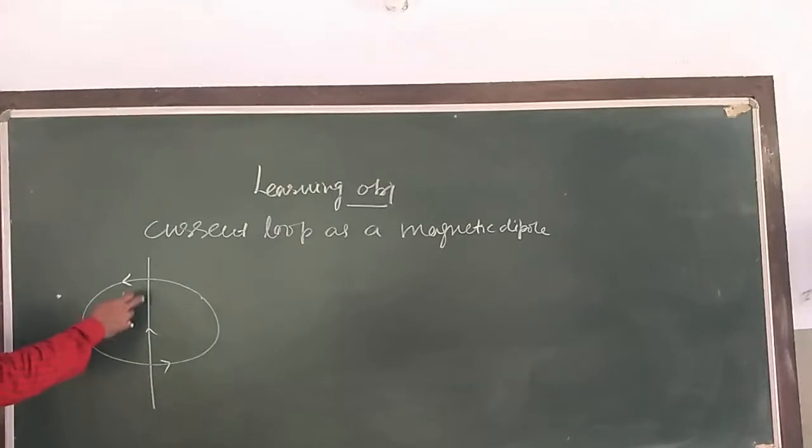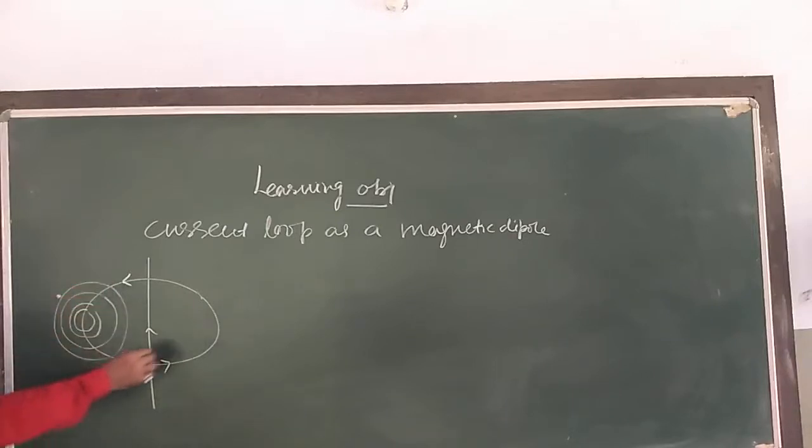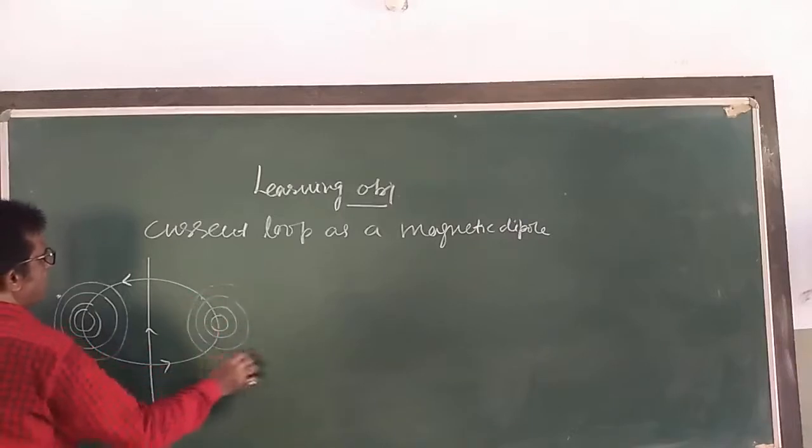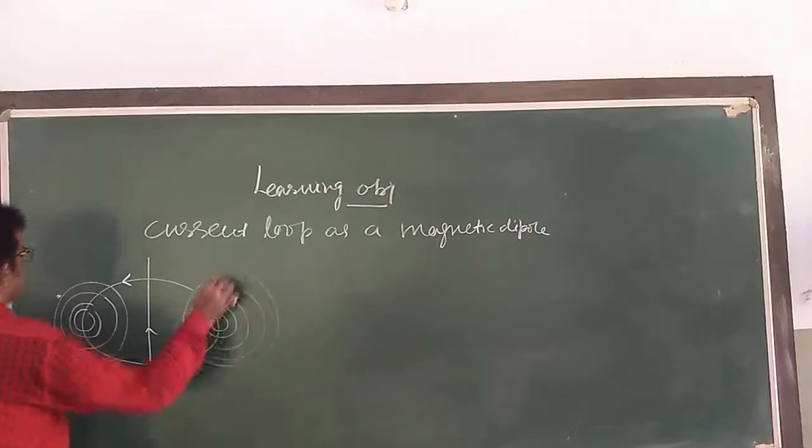So here, when the current is flowing, the concentric circular magnetic field lines are something like this, here and here. These types of lines are coming over here in this manner. Here also I can say these are the magnetic field lines.